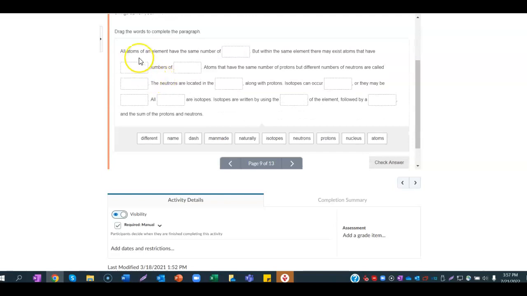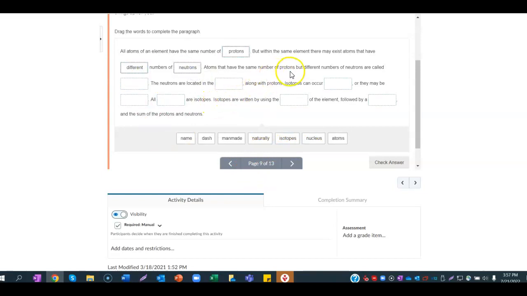So here they are. All atoms of an element will have the same number of, if you remember, it's the same number of protons. But within the same element, there may exist atoms that have different numbers of neutrons.